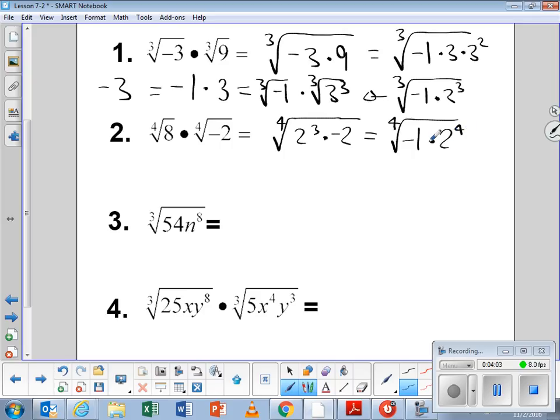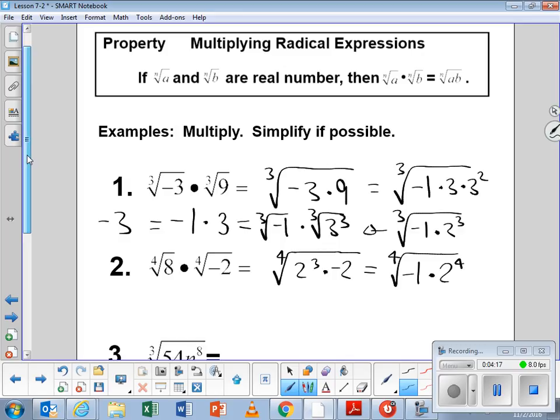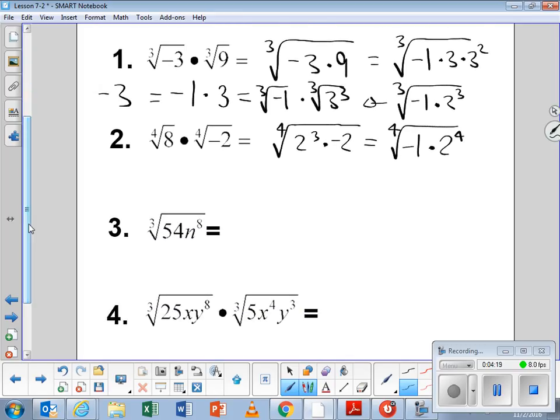Well, now we have a problem, don't we? Can I take the fourth root of a negative number? No. No, I can't. So the question, if it's asking for all the real roots, we would say none. They can't simplify that. If they're including imaginary, then I could say this reduces to 2i.